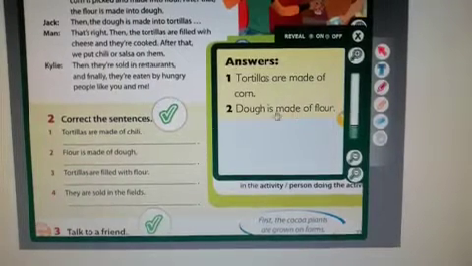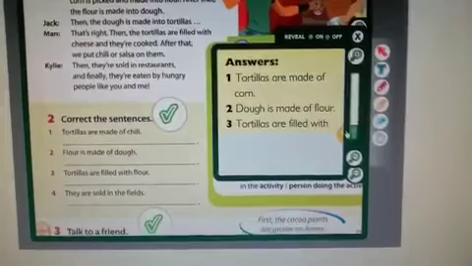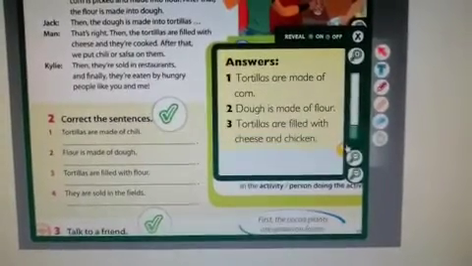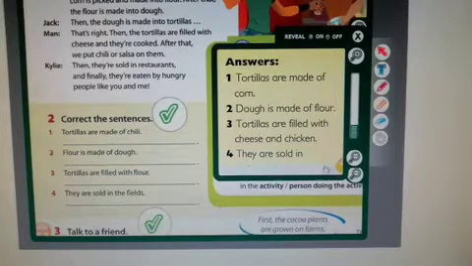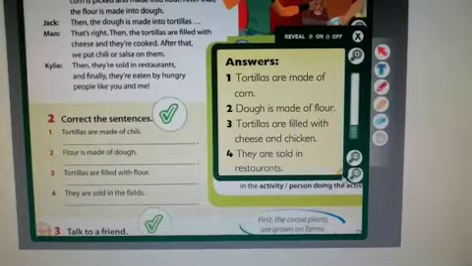Yes, the answer here, number 3. And this is the answer of number 4. They are sold in restaurants, not in the fields. Right? The answers are here.